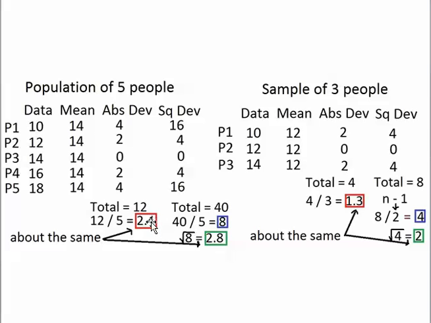So the MAD and standard deviation come out to about the same number when you calculate them with the data set. And the variance comes out to a number bigger than both of them. So here we have the MAD in red, the variance in blue, and the standard deviation in green. The MAD and standard deviation come out to about the same number, but the variance comes out to a much bigger number.